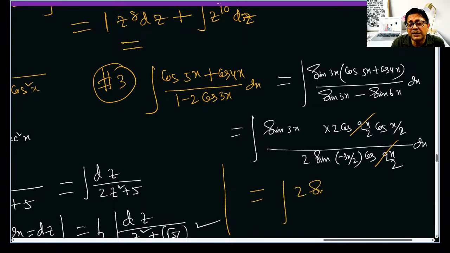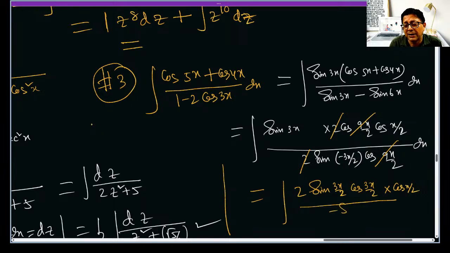So immediately you change it into the form 2 sine 3x by 2 cos 3x by 2, into this 2 also is striking out. This divided by minus sine 3x by 2 dx. Am I correct? Check once.